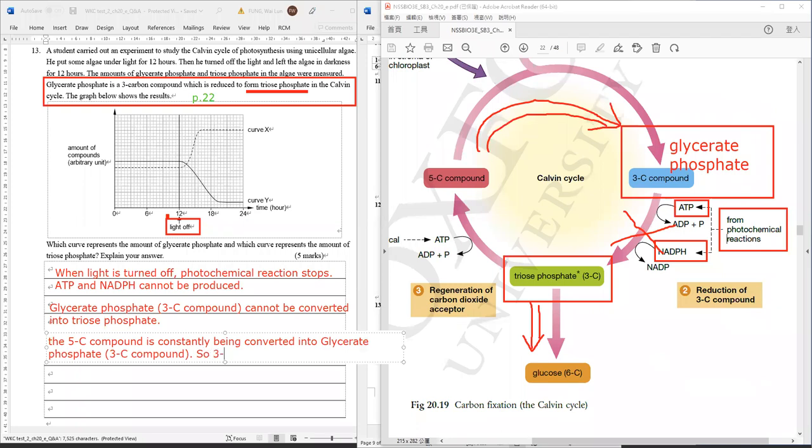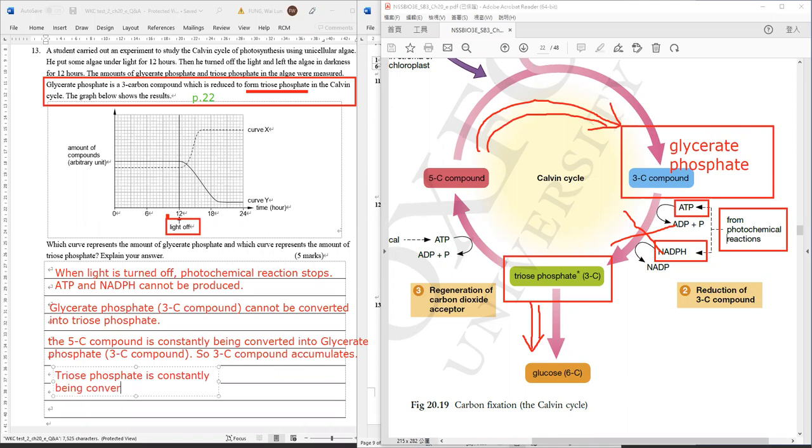So the 3C compound accumulates. But then triose phosphate at the same time is constantly being converted into glucose, so you have less and less triose phosphate.